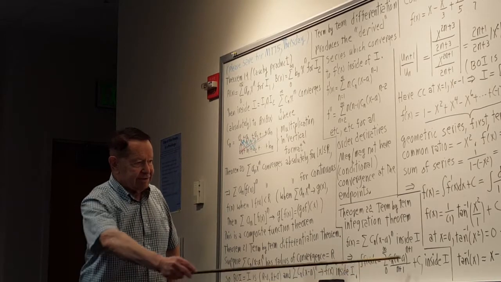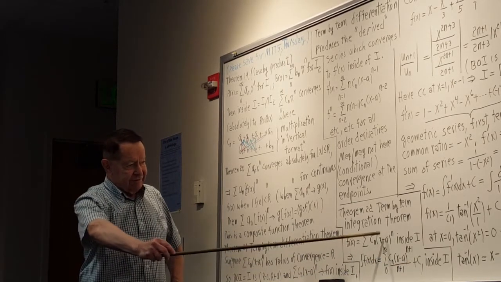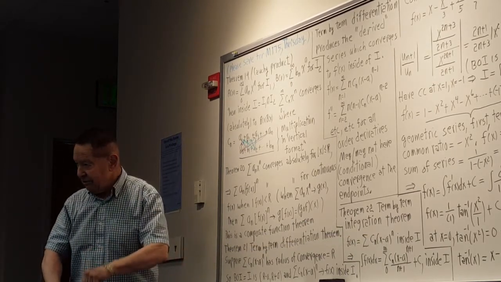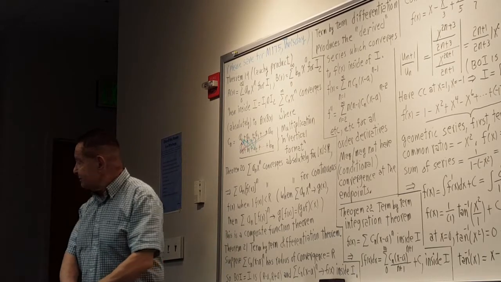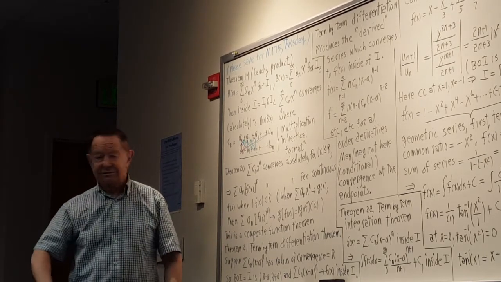And that's at least true inside of the interval of convergence of the original f of x. And again, you would have to check at the endpoints to look for conditional convergence.